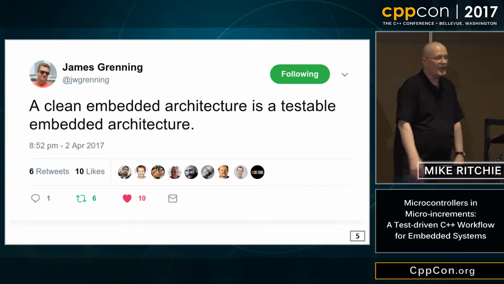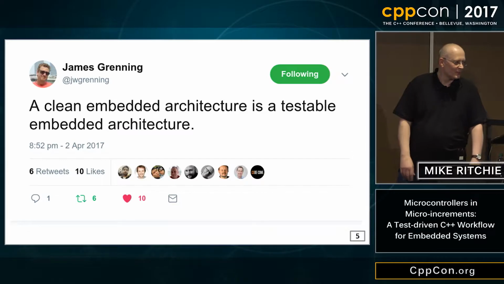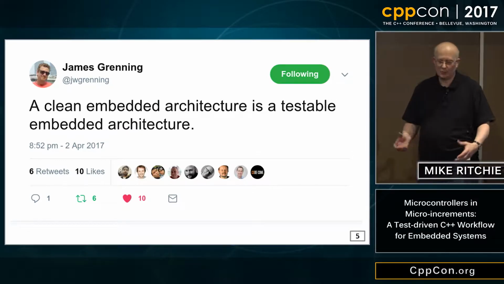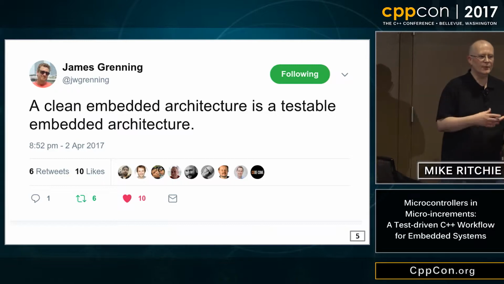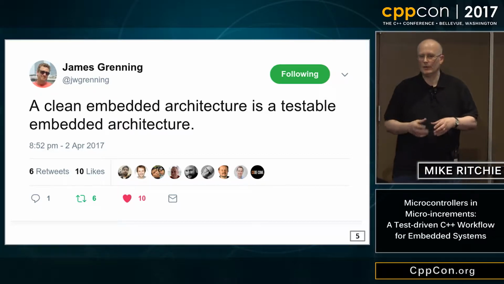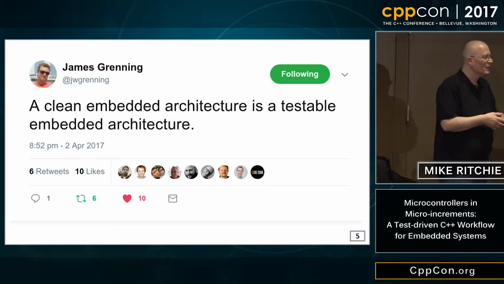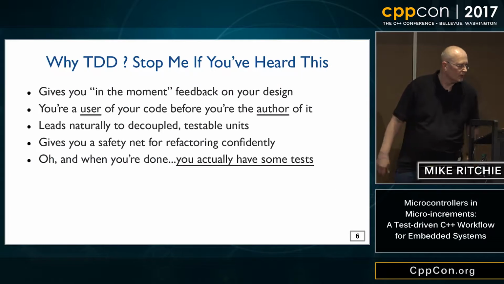So this is a problem. If you've got libraries that are only really usable on the target, then you get drawn towards the target. More and more of your testing can only really happen on the target hardware. So that's a problem with an ever-increasing size of software stack.